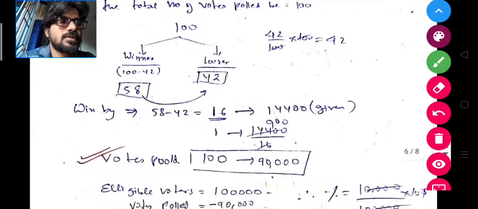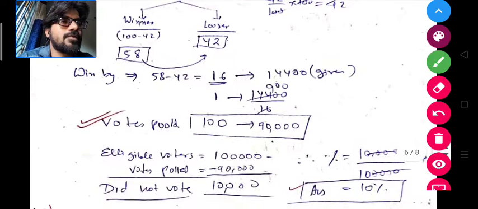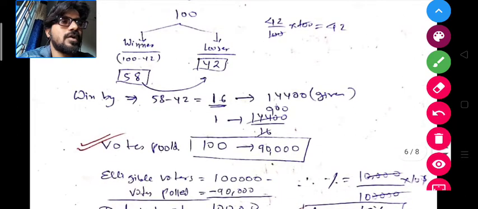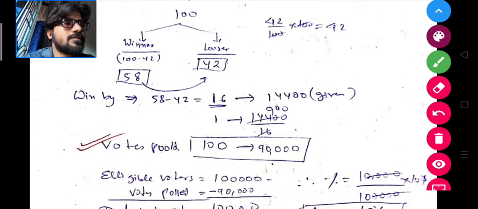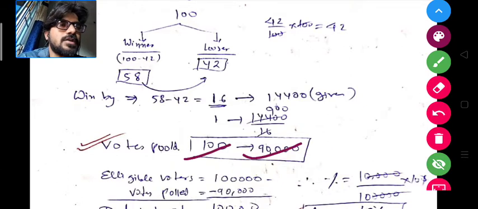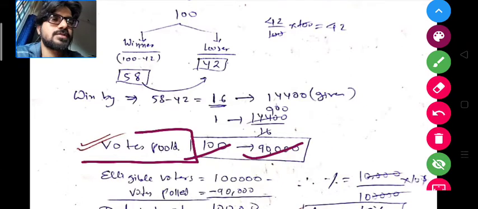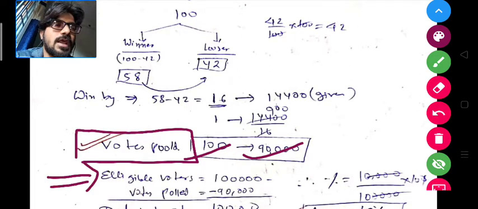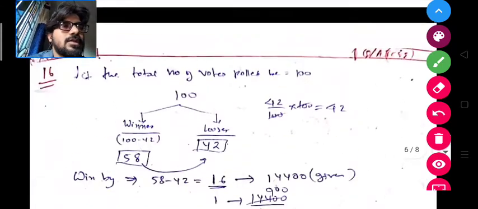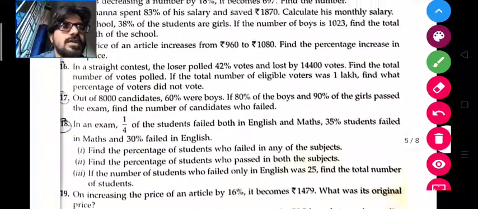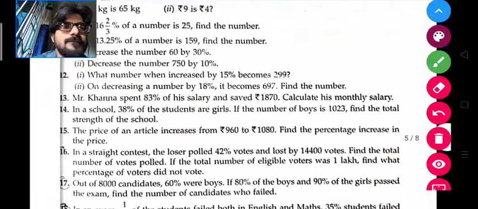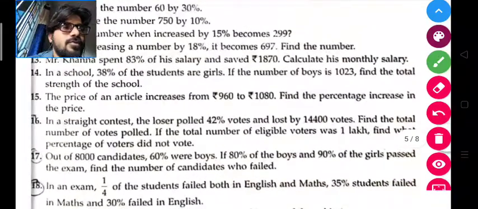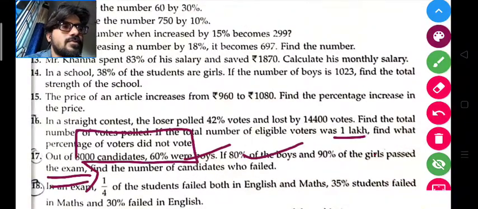So if 1 becomes 900, then the 100% vote will become 90,000. So the votes polled is 90,000. The eligible voters, given in the question, is 1 lakh. You can see in the question that the total number of eligible voters is 1 lakh.